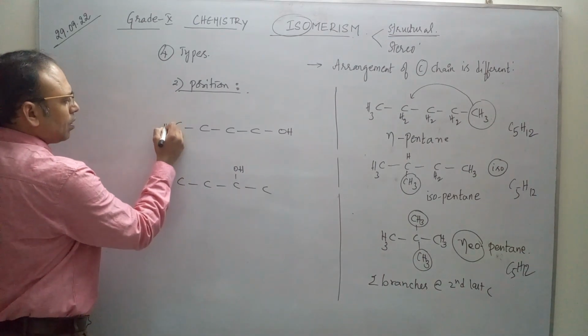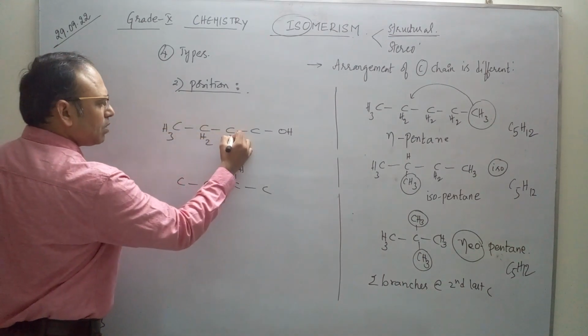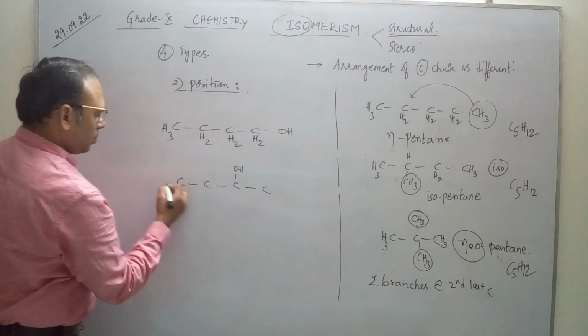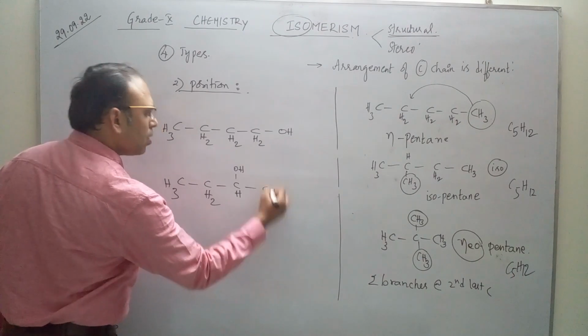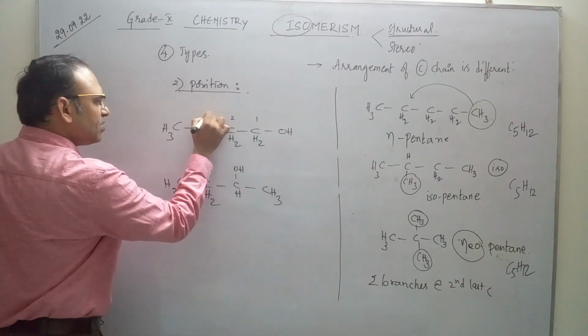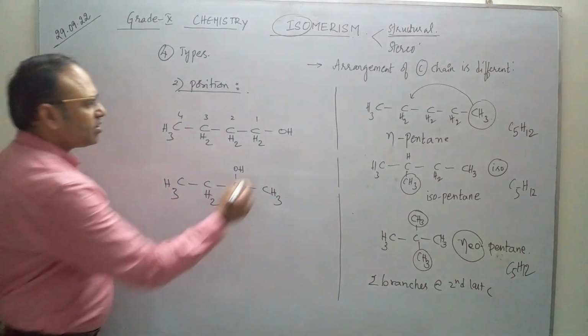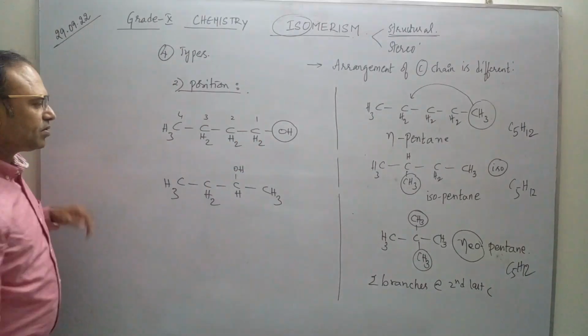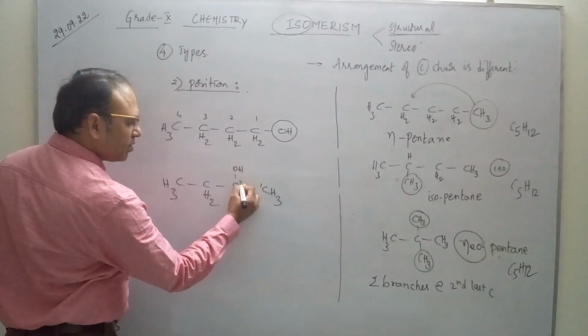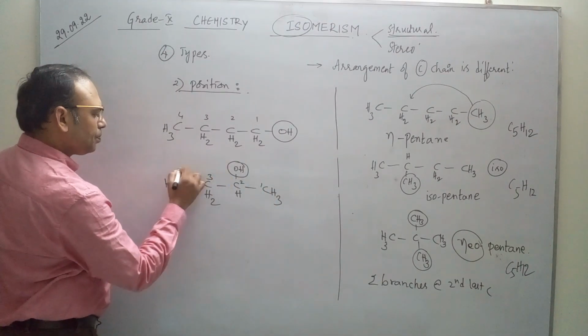First one, representing the complete formula. Numbering is done from this direction because in the nomenclature, this is the primary functional group, so we will start from this. Again here also numbering is done from this direction.